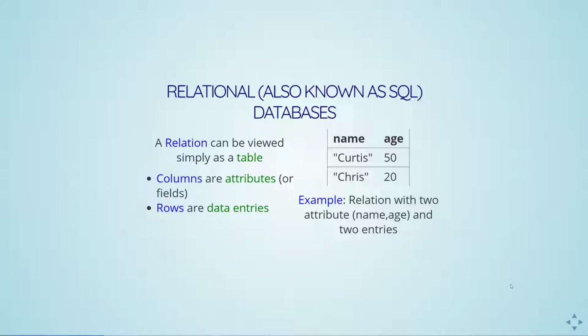A table that's going to have columns, which we could call attributes, also referred to as fields, and rows that are entries into our database. So here's a little example relation that has two attributes or fields, name and age, okay? And the database currently has two entries in it. Somebody entered Curtis is 50 and Chris age 20.